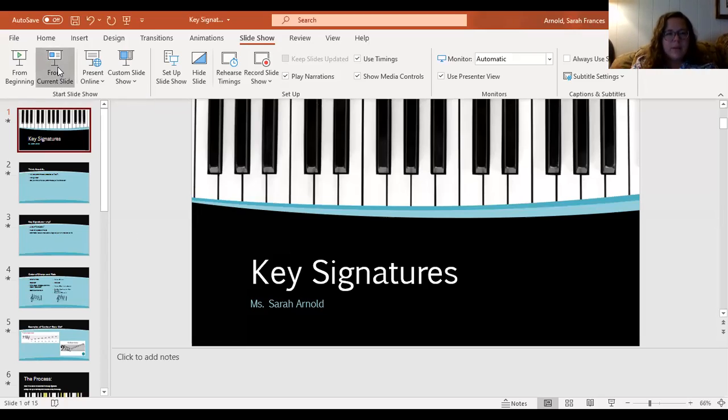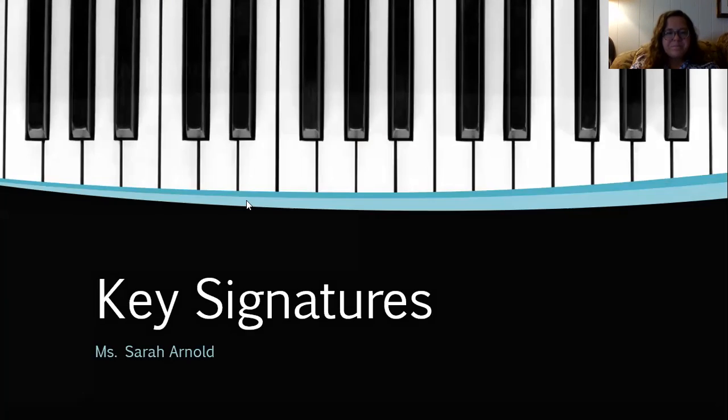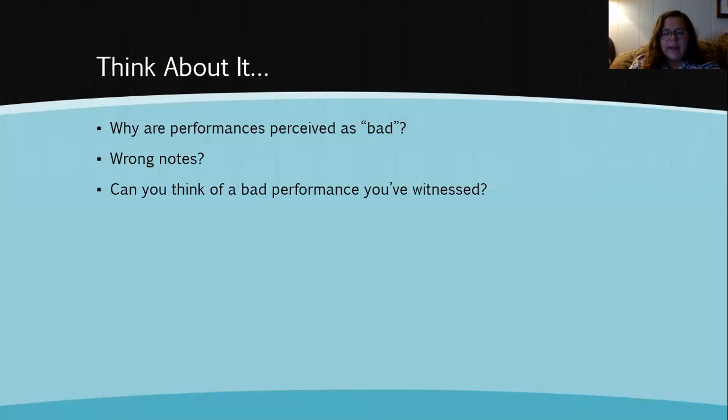All right, so we're going to be talking about key signatures today. And I want you to think back to a time where you saw a performance, could be anything, choir, band, orchestra, could be a popular music kind of band, like a concert that you went to, some performance of any kind where you heard bad things, wrong notes, something like that along those lines.